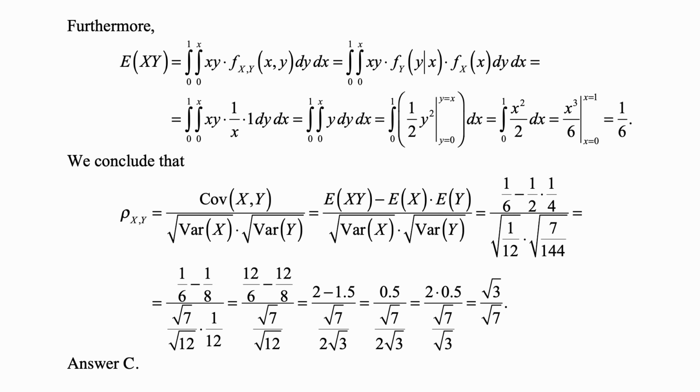So that's 0.5 over the square root of 7 over 2 square roots of 3. But of course that 1/2 effectively in the denominator can be flipped and become 2 in the numerator. So 2 times 0.5 over the square root of 7 divided by the square root of 3. So this is equal to the square root of 3 over the square root of 7.